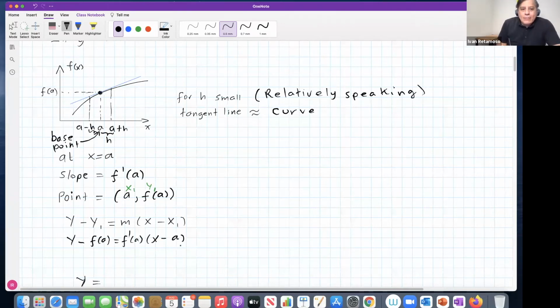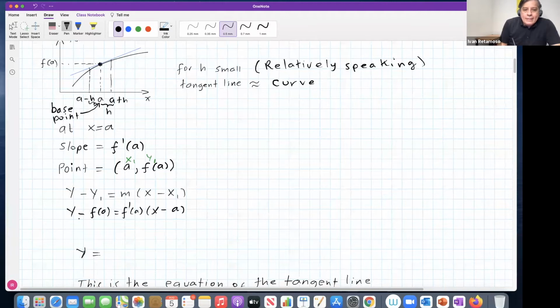So I get an equation here. Now I'm gonna isolate my y, like we usually do, to figure out the equation of the tangent line. I'm gonna add f of a to both sides of the equation. Here, this will cancel, y is isolated, and over here, I will get f of a.